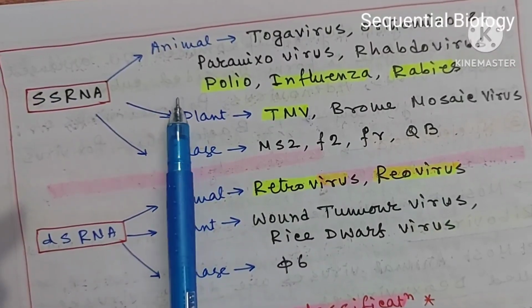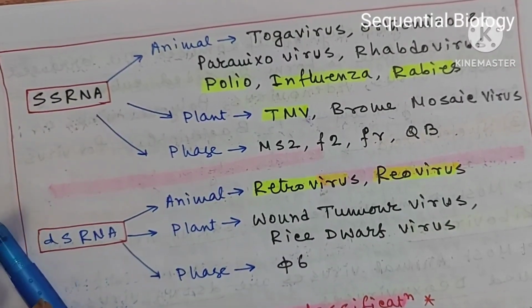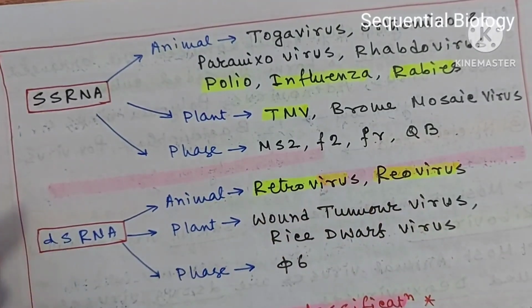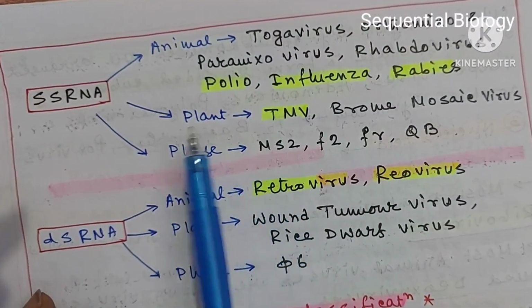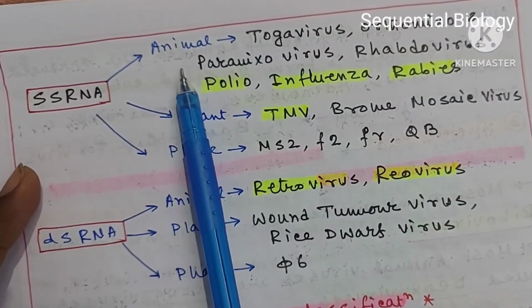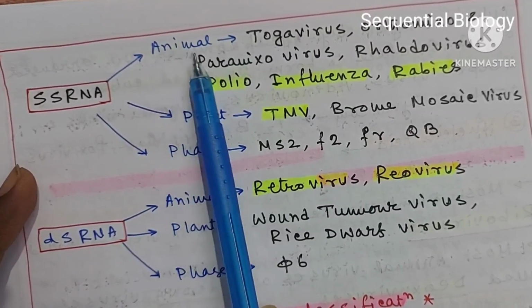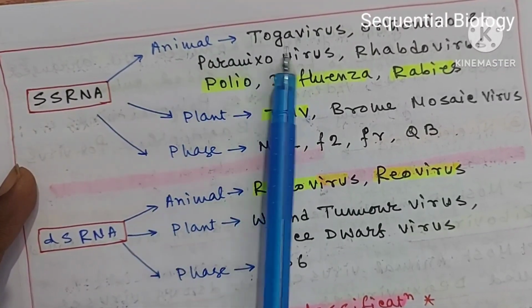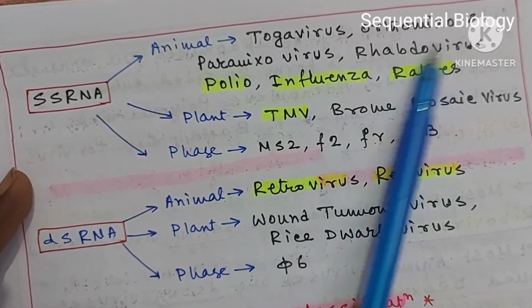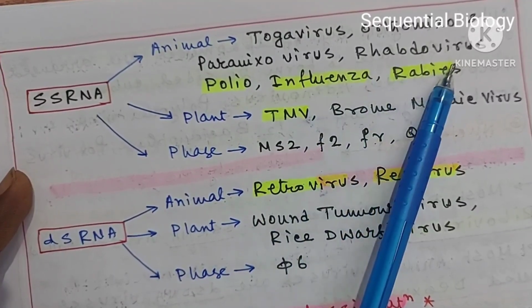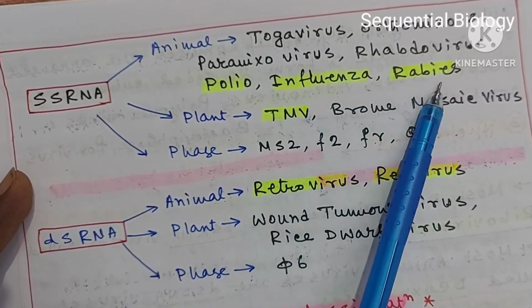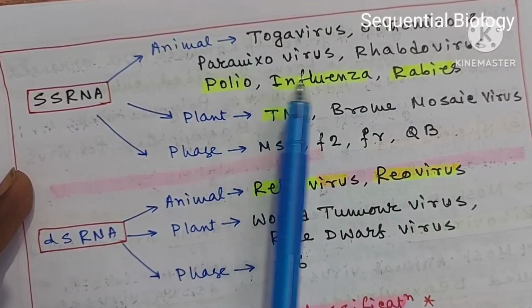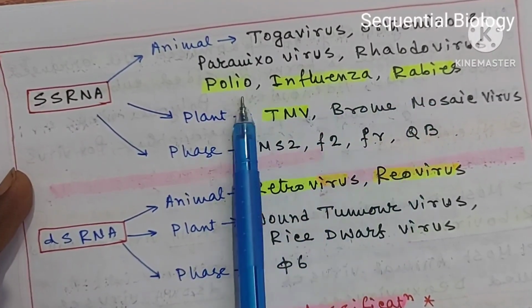Single-stranded RNA containing viruses. Usually single-stranded RNA is found in every kind of organism, so this can also be found in a few viruses. The animal viruses which possess single-stranded RNA are togavirus, orthomyxovirus, paramyxovirus, rhabdovirus, poliovirus, influenza virus and the rabies virus. These examples are very important from the exam point of view.